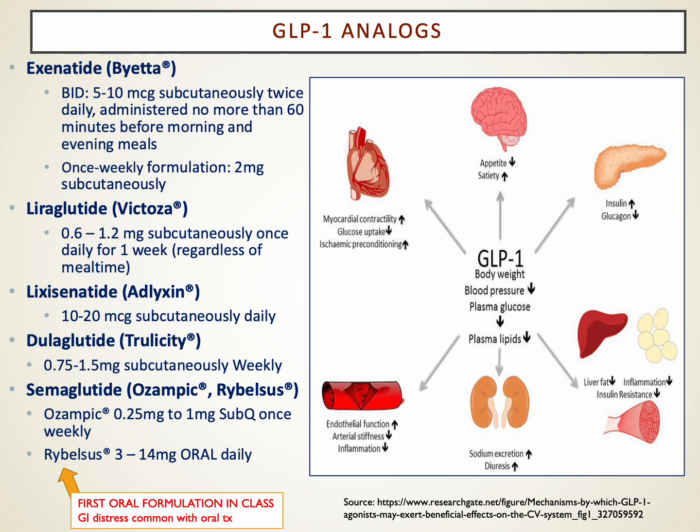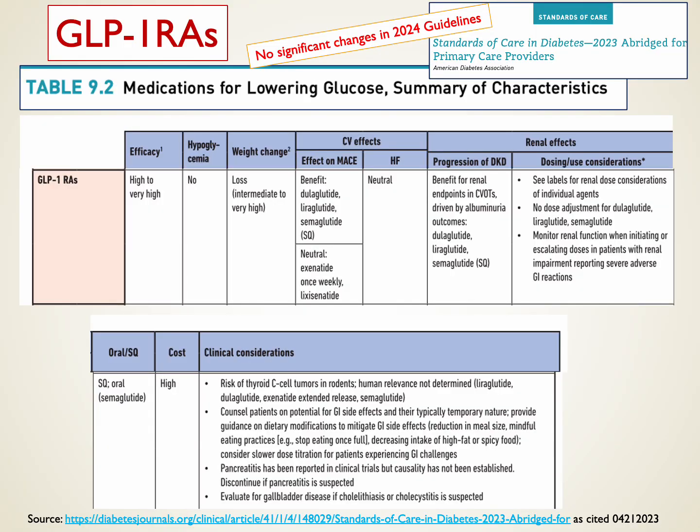And the benefits with the GLP-1s are pretty significant. In summary, the GLP-1s alone, let's talk about them. They're between high and very highly effective. They do a great job of getting glucose down. They don't cause hypoglycemia, though, which is great. They cause a pretty great drop in weight.